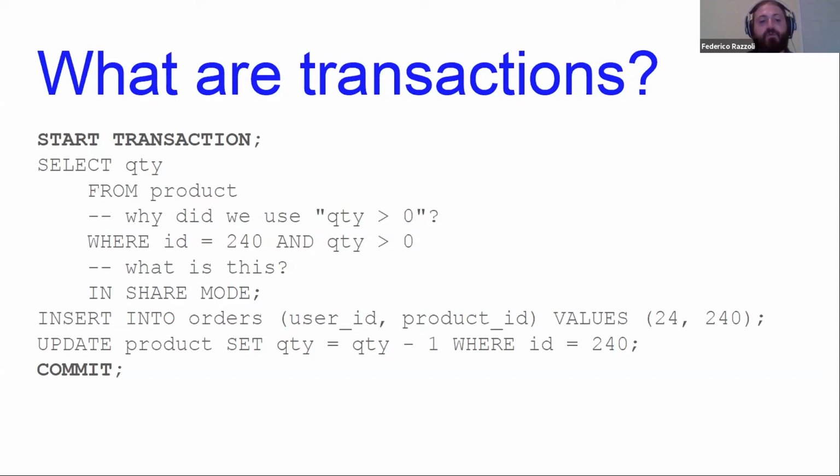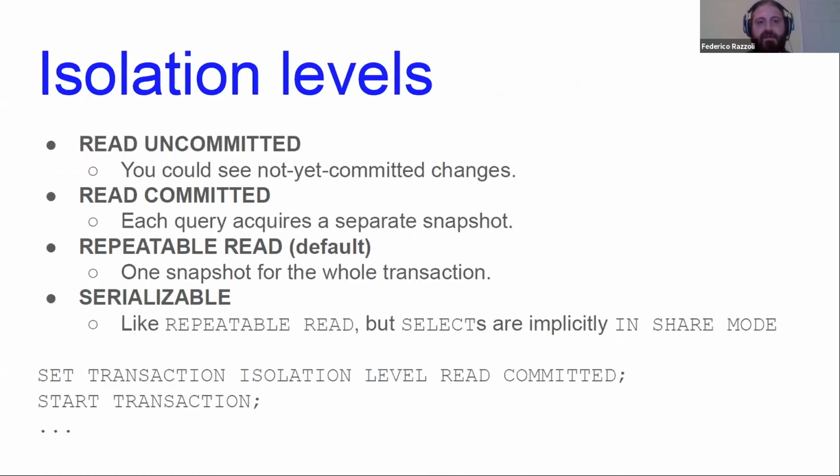Maybe one happens 1 millisecond later, and the second one will not be able to lock the row, so it will wait until the first order is placed, and then it will see that the quantity of the product in stock is 0. Or if you prefer, the second transaction is queued in this case.